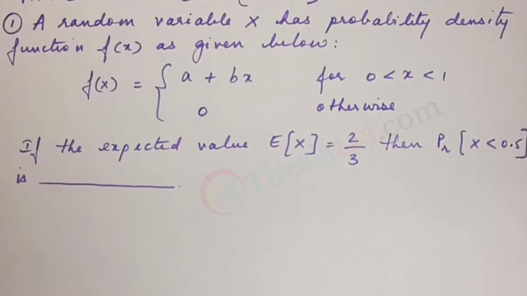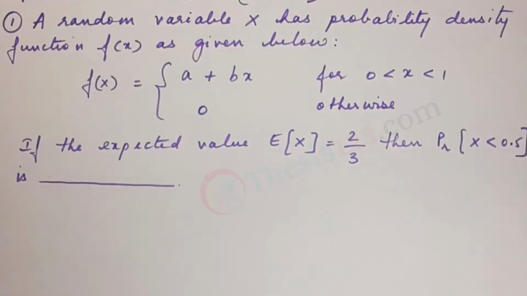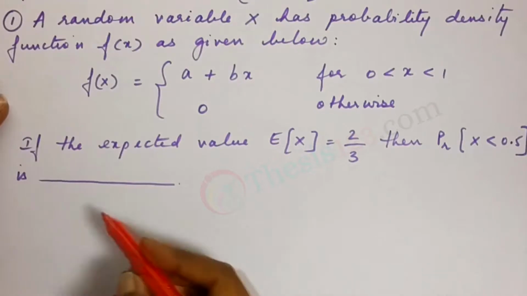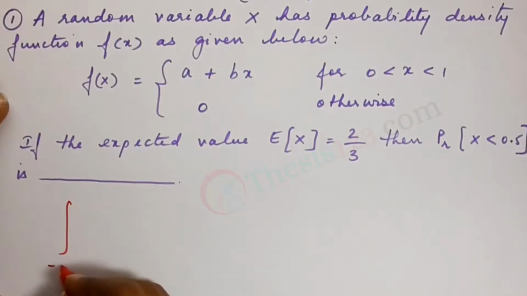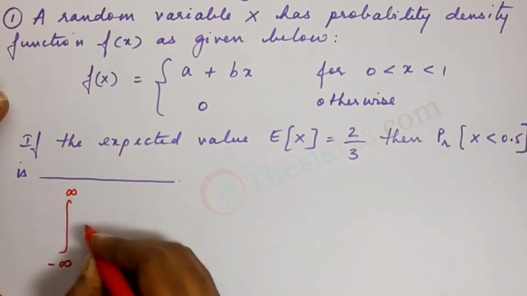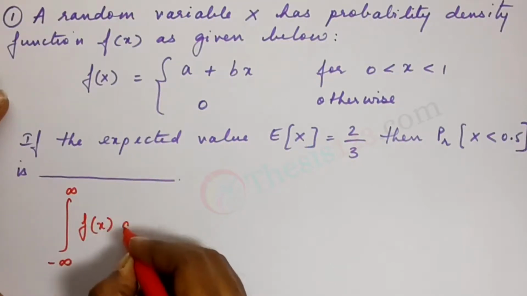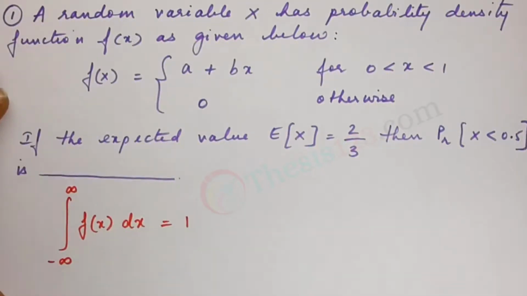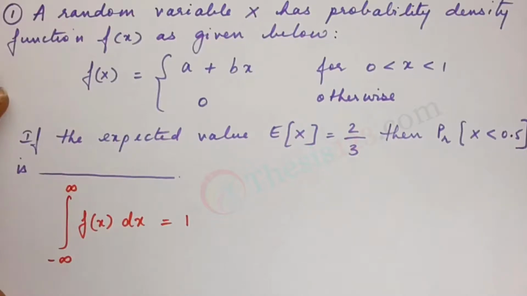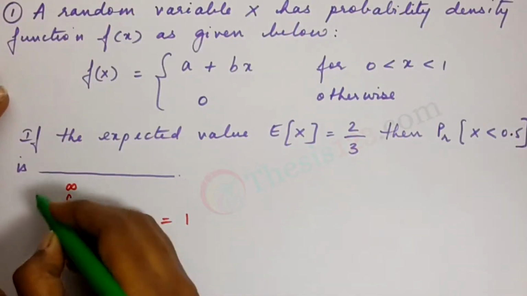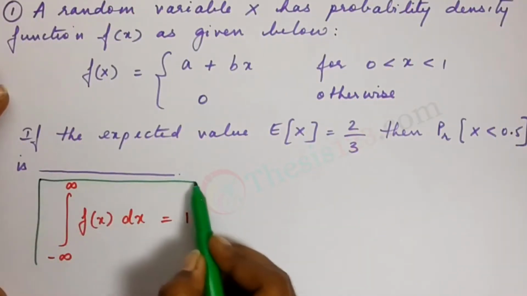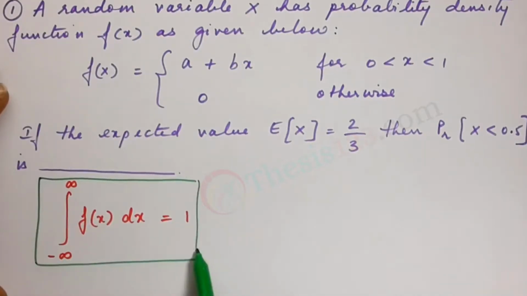When we're working on the probability density function, we have a standard formula. The formula reads integral minus infinity to infinity f of x dx equals 1. So this is the basis of the first part of our solution.